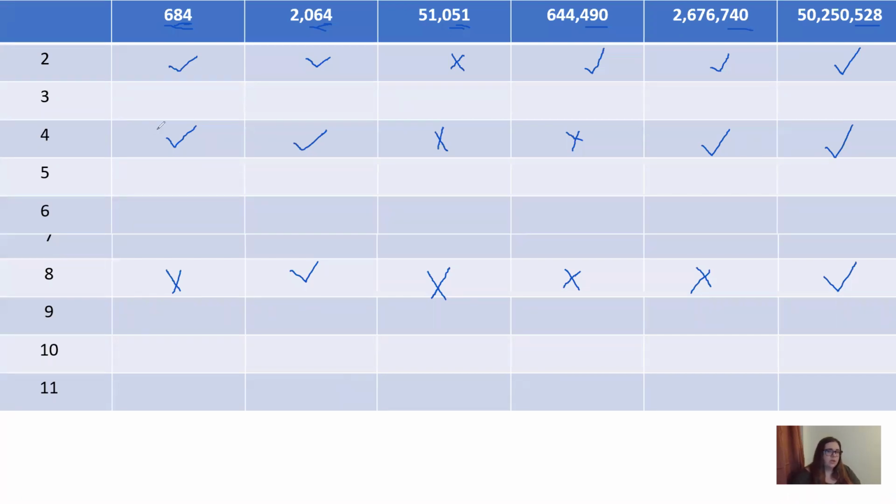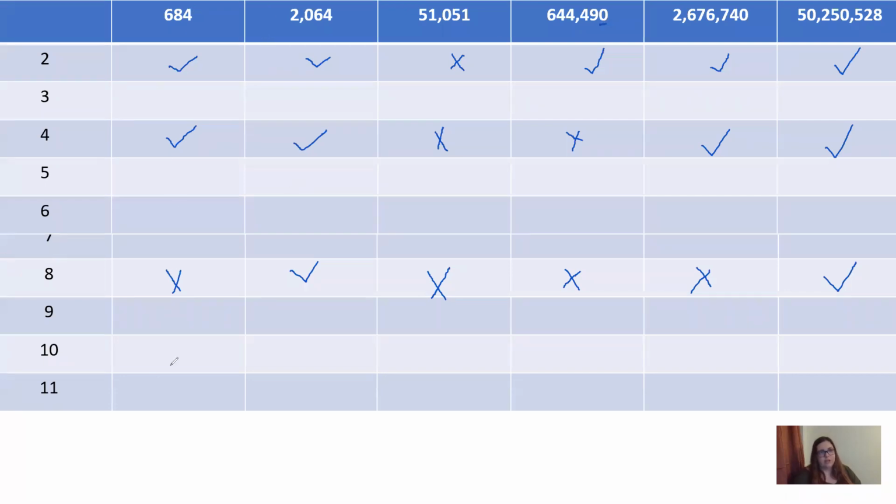Let's go to 5. So if the last digit is a 0 or a 5, then yes.